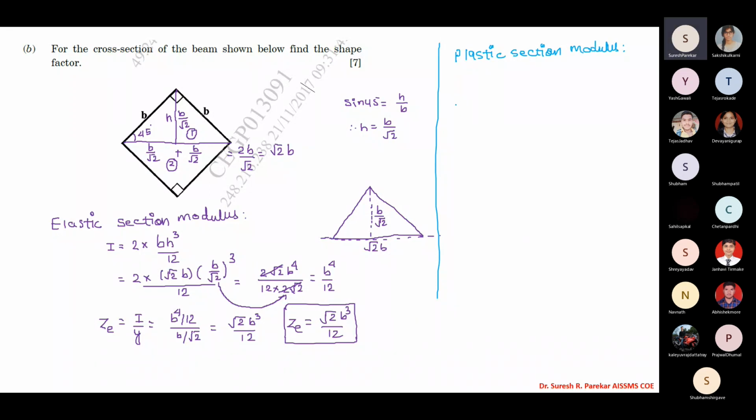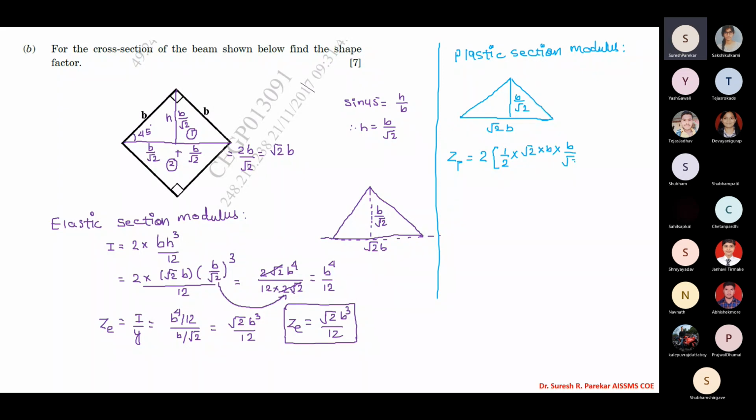Now I will consider the same triangle and we will go twice of this. So we have ZP. Now I will directly go twice. Area of this is 1/2 base into height.